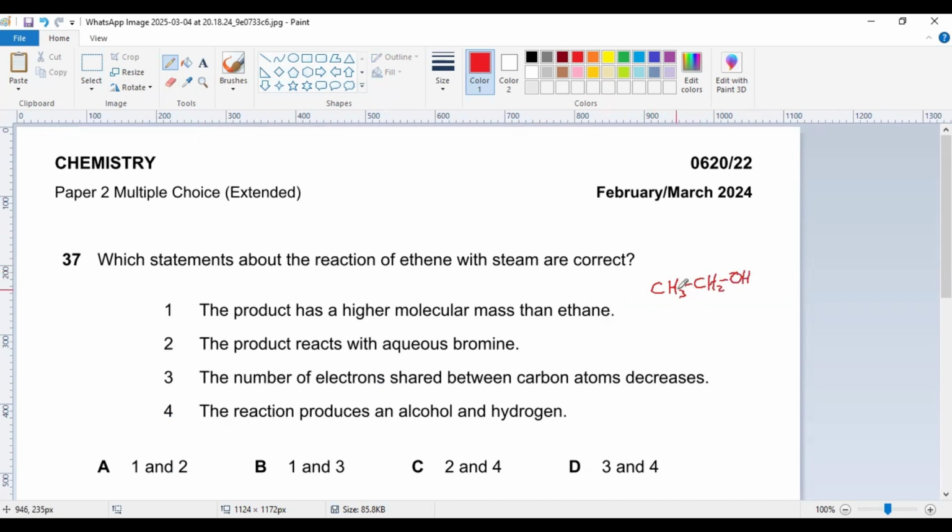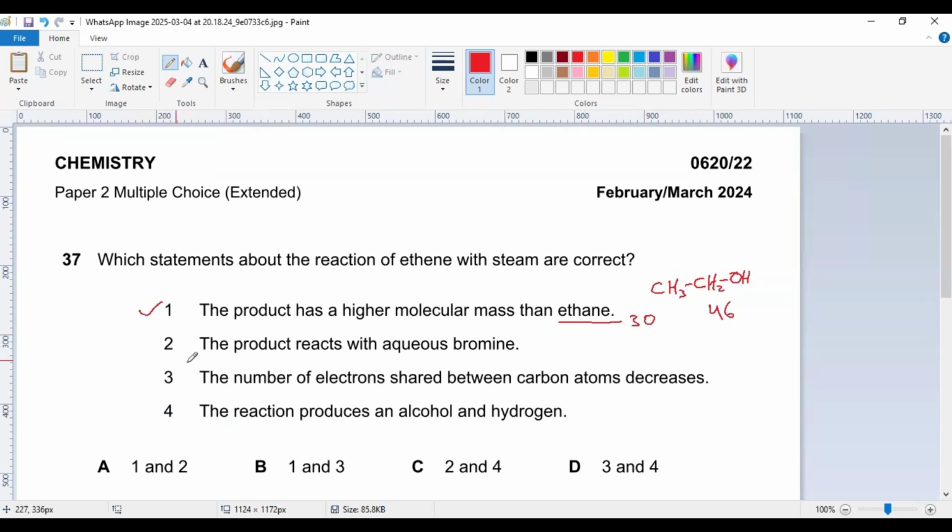Ethanol has a greater molecular mass as compared to ethane. The Mr of ethane would be 12 twos are 24 and 6, 30, and here it is 46.